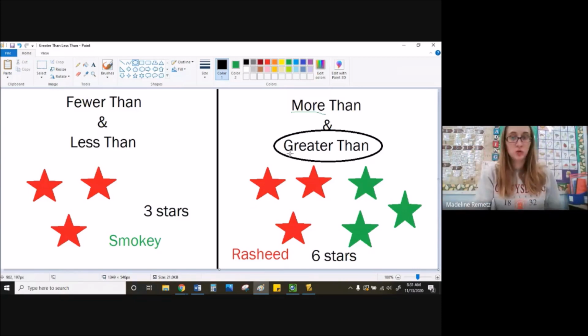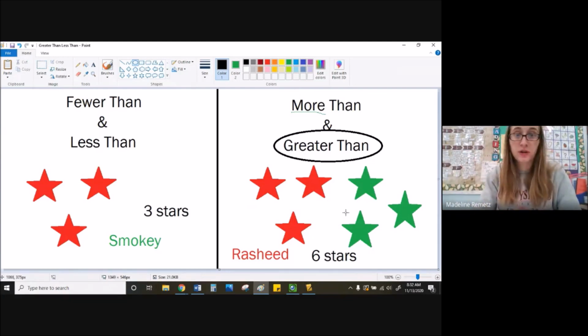Well, that's how you use greater than or less than. Smokey's number of stars is less than Rashid's. So Smokey is less than because 3 is smaller. But what about fewer than and more than? Well, we know Smokey had 3 and so did Rashid. But when Rashid got 3 more here, that word more started to come in.